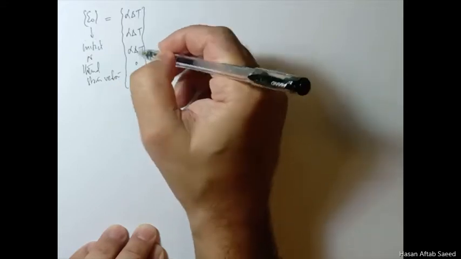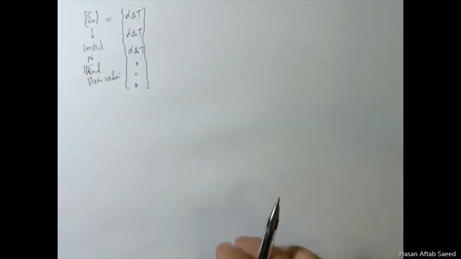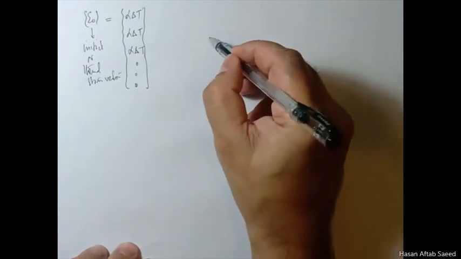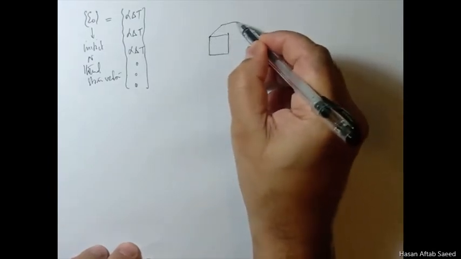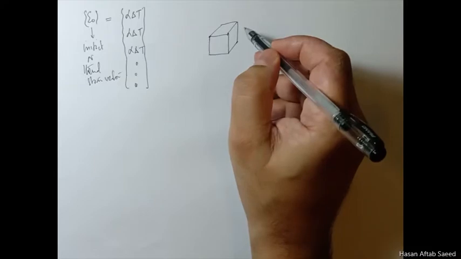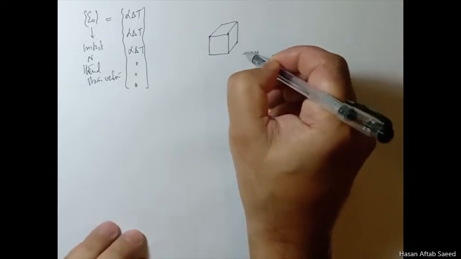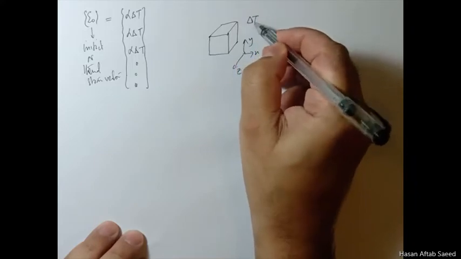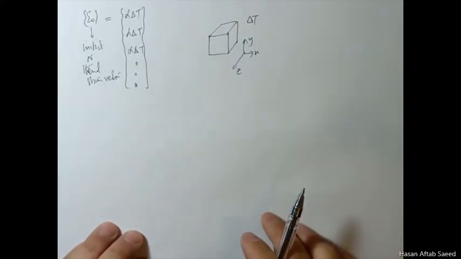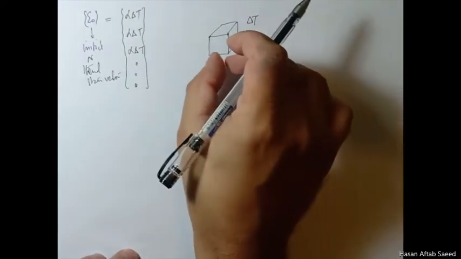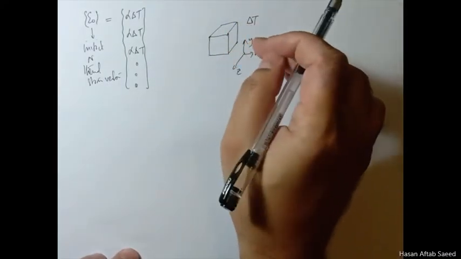This is for 3D cases. This is the initial strain vector, and what we are talking about here is, if you have this sort of a body, I'm talking about an element here, and this is your coordinate system, and you subject this thing to a temperature change of plus delta T, then it increases in length in the x direction, y direction, and z direction.